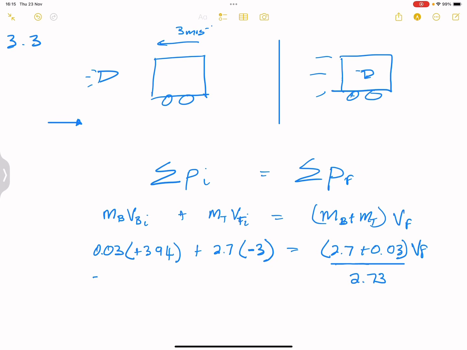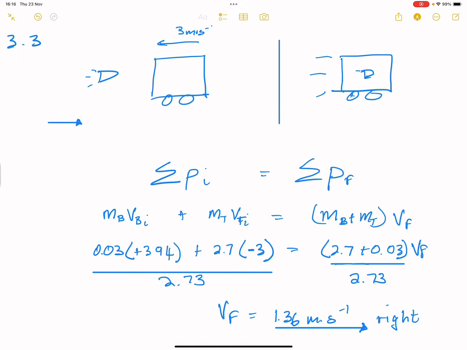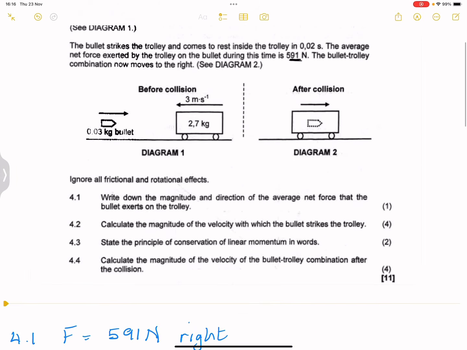Okay, so divide both sides by 2.73, and the velocity after collision is 1.36 meters per second. Okay, right, and then of course this is to the right, or you can say to the east, depending on what you chose as your frame of reference.